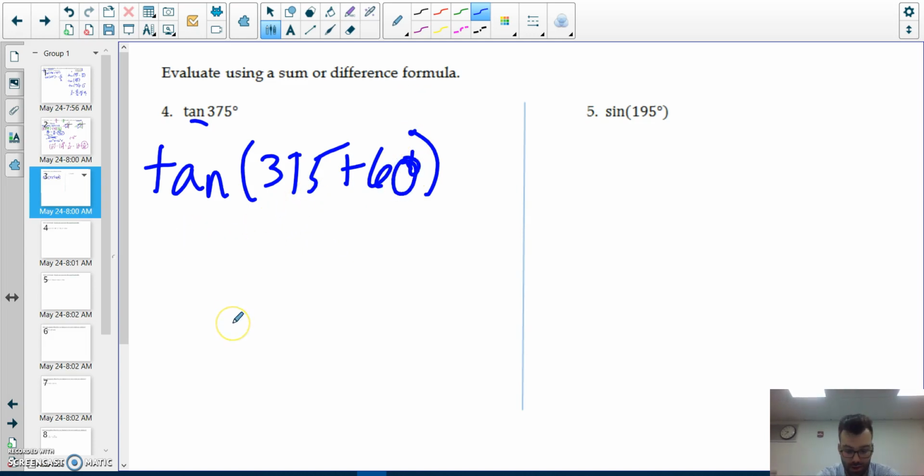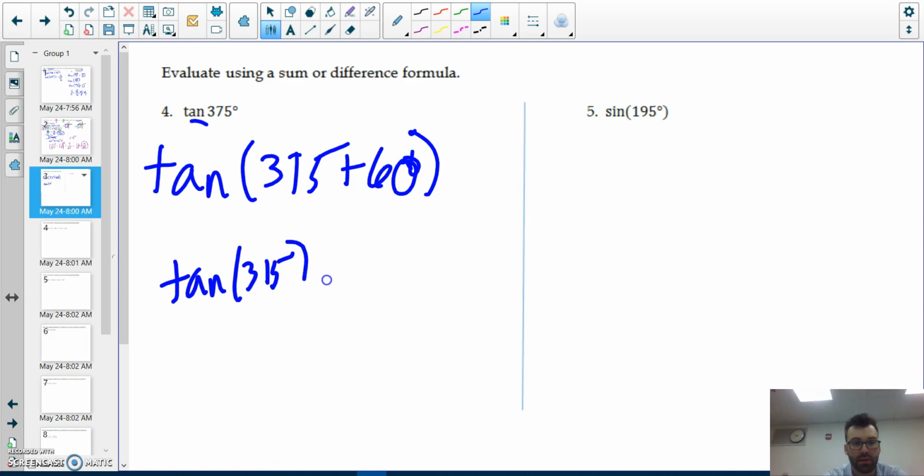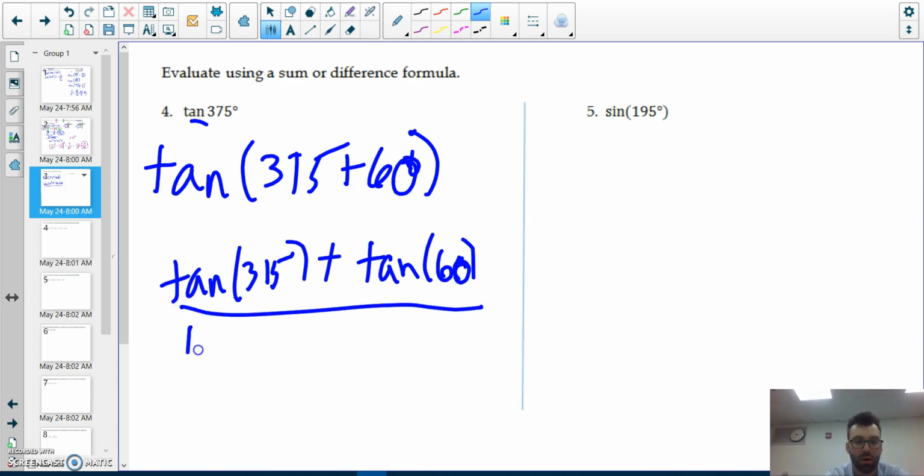All right, so if I use my sum formula, that's going to be the tangent of 315 plus the tangent of 60, all over 1 minus the tangent of 315 times the tangent of 60.